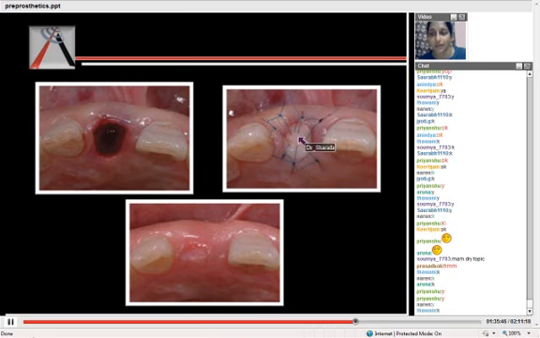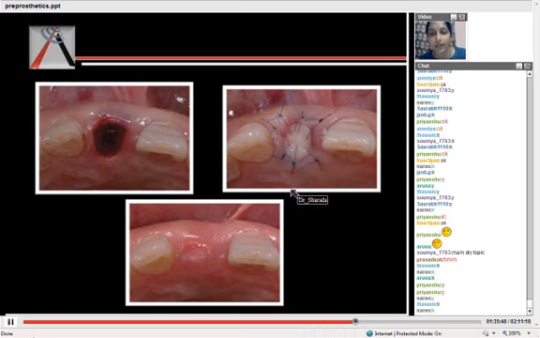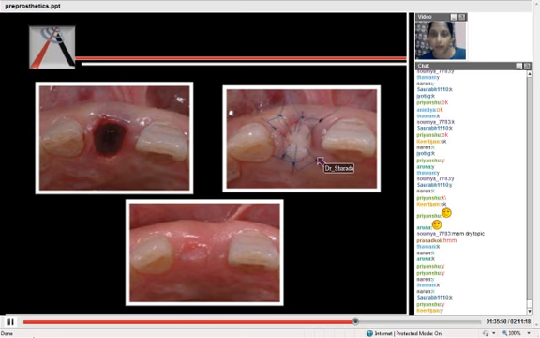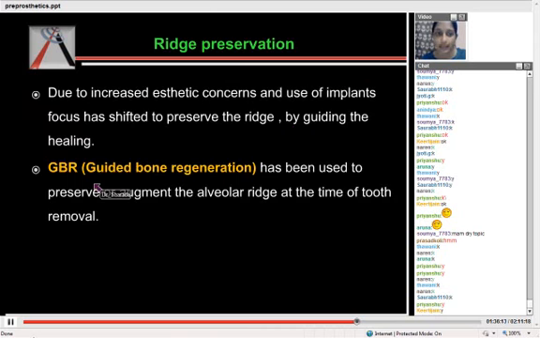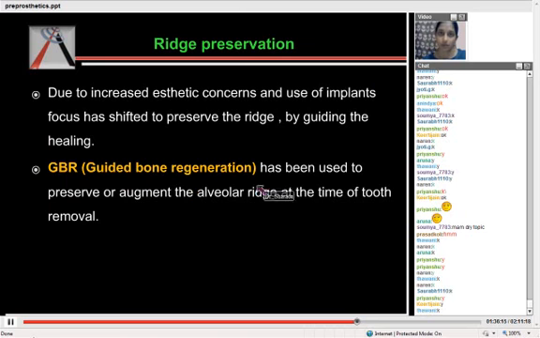Can you see this? It's filled. And then they gave a soft tissue covering. They can pull the labial mucosa and palatal mucosa together and give it a stitch, or they can place a soft tissue graft. Okay, anything is possible. So ultimately you get this result without waiting, and the amount of resorption that occurs is also very less in this case. Got it? That's called guided bone regeneration.